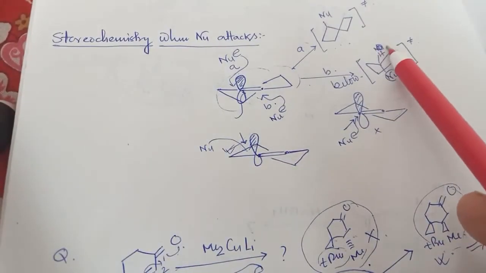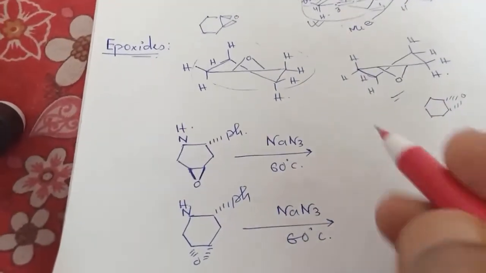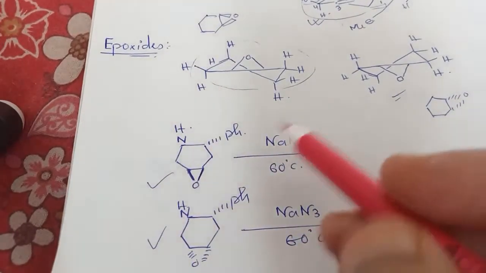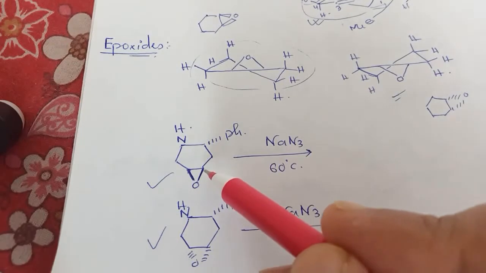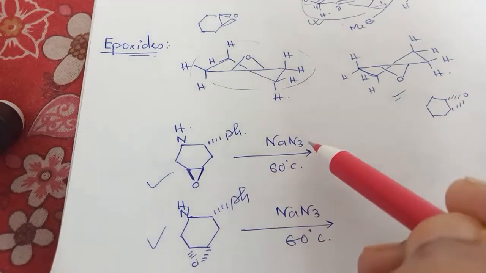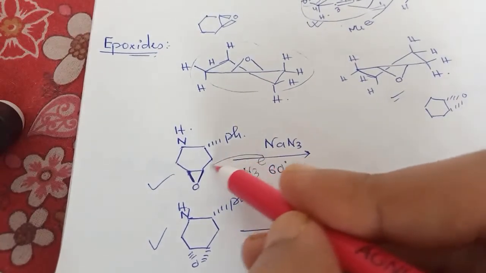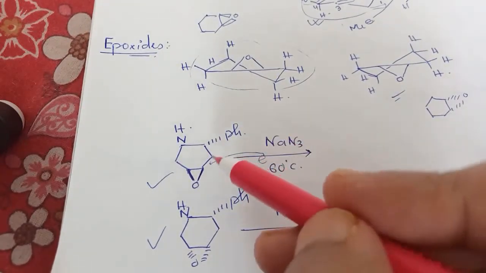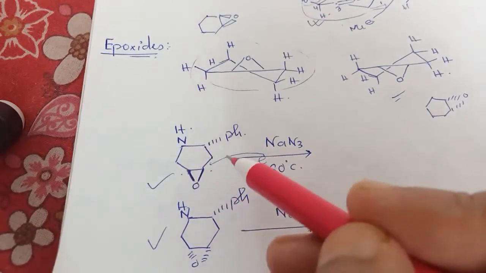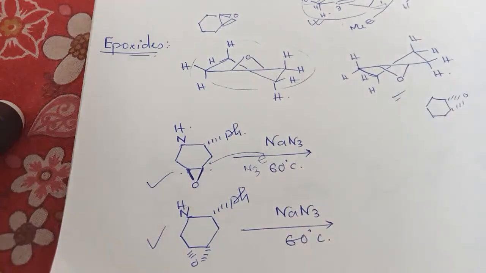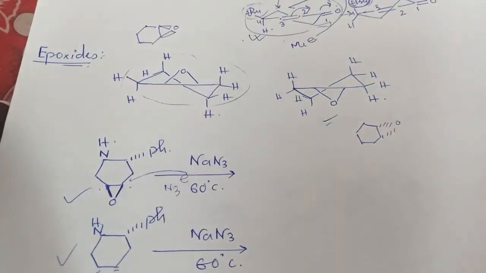Applying this concept, we predict the product. This is the question. These are two very interesting problems. Here you can see that the epoxide is there, so you can say that the nucleophile, that is N3 minus, will attack from the below side. But what is the position, this or this? To predict this, we have to draw the transition state. Okay, I am drawing the transition state.